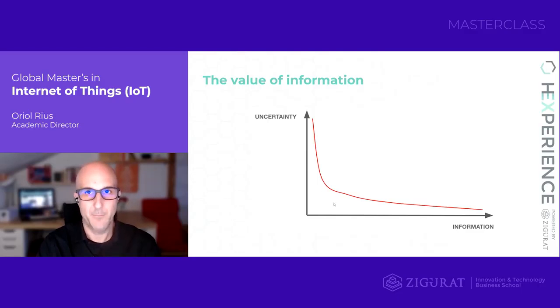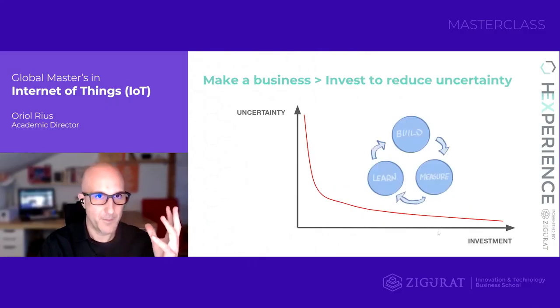After some time, after we start reducing that uncertainty, we start needing a lot of information for reducing just a little bit of uncertainty. Uncertainty is not going to be 0, but it has to tend to 0, and we have to reduce as much uncertainty as we can to feel comfortable with our project.